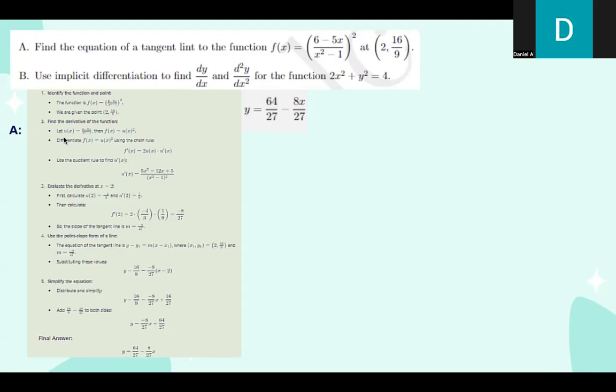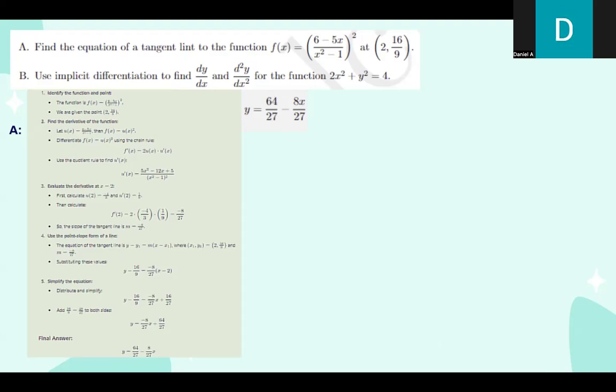So let u(x) = (6 - 5x)/(x^2 - 1). Then f(x) = u(x)^2. We differentiate f(x) = u(x)^2 using the chain rule, which is f'(x) = 2u(x) times u'(x).